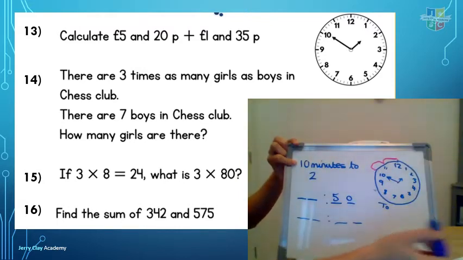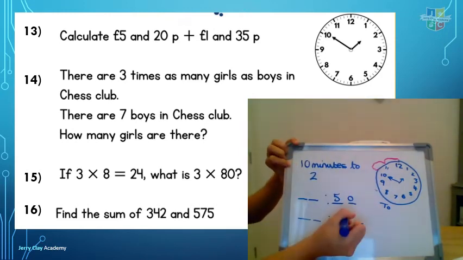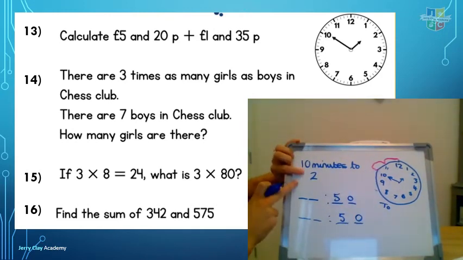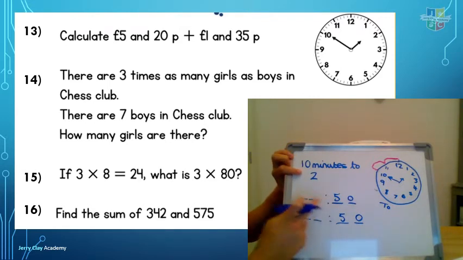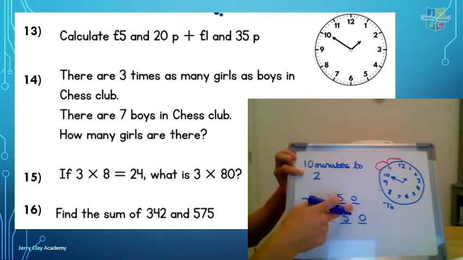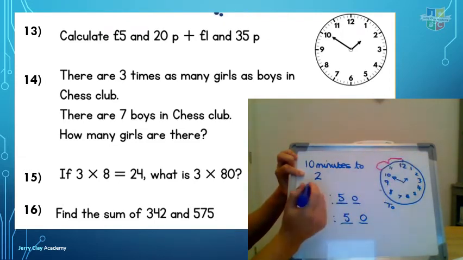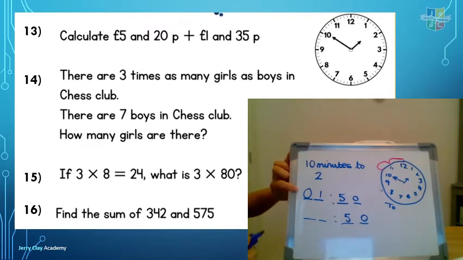Alternatively, you could have counted it at how many minutes past it had gone. Now, if it says 10 minutes to 2, but it's not got there yet, so we want to know how many minutes past it has gone. So it's 50 minutes past the previous hour, which will be 1. So I need to put my 0 before to make it into AM, and I need to add 12 to make it into PM. So you should have said 0150 or 1350.